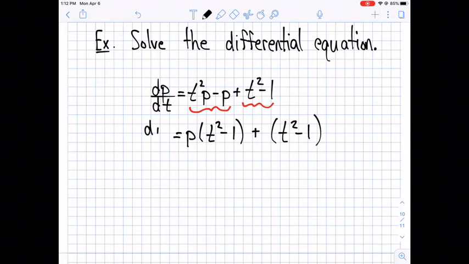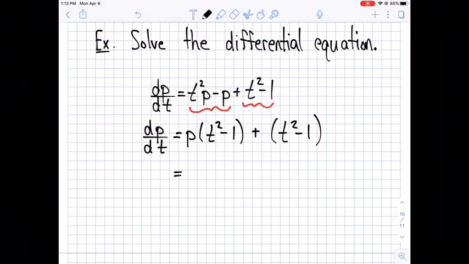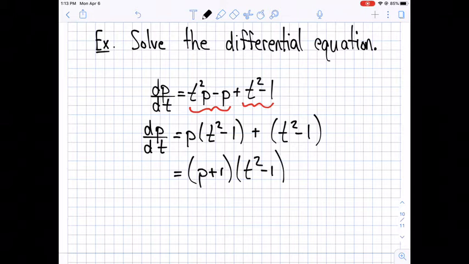On the left we still have dp dt. So now I can finish factoring, and I end up on the right hand side with p plus 1 multiplied by t squared minus 1. On the left we have dp dt.